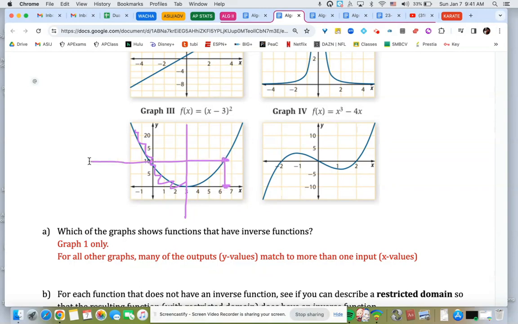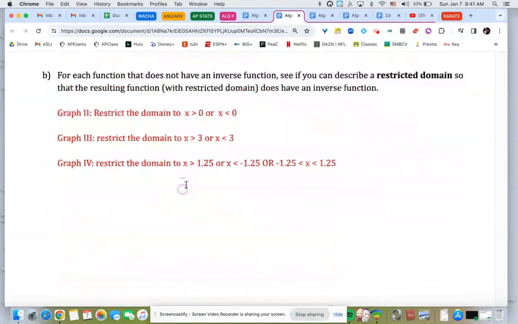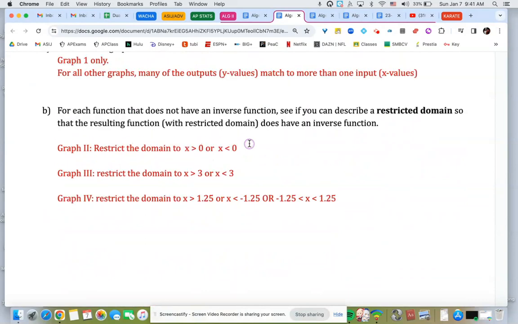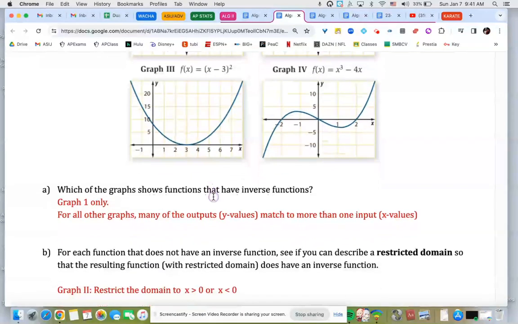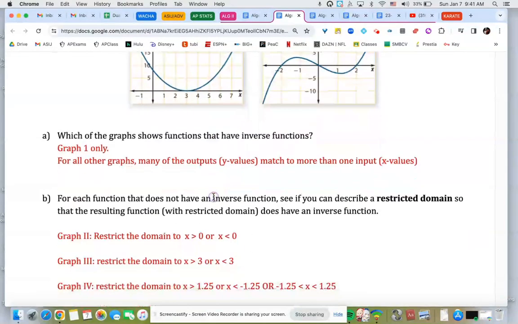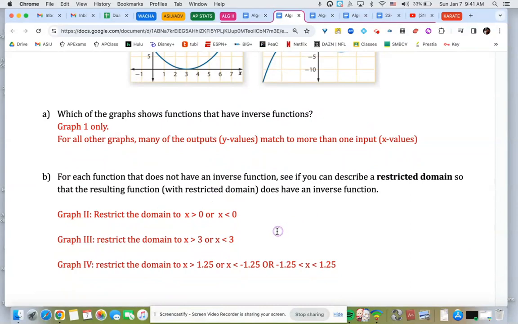I wouldn't have anything else because this has been erased. So we could restrict the domain and either take the left side of this or the right side of it only and talk about that being a function and the inverse being a function. But you'd have to cut your graph in half, right?